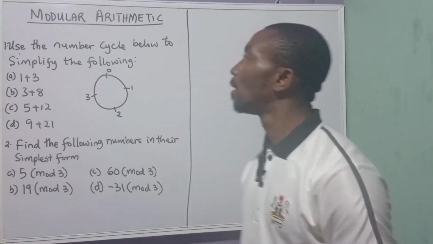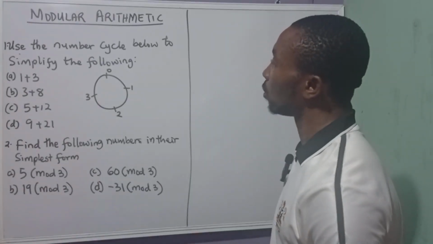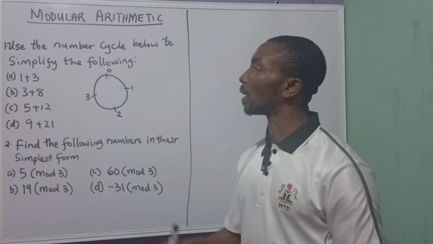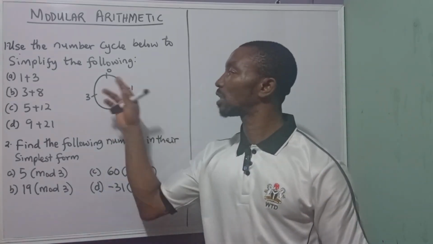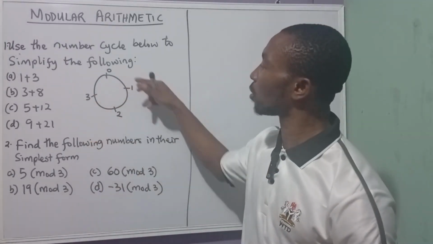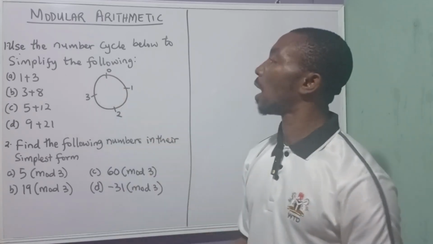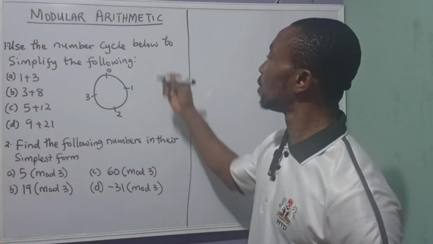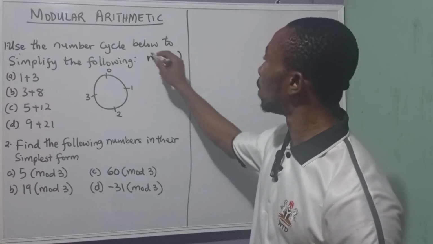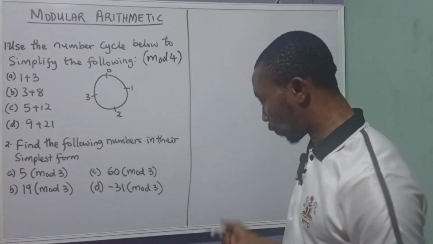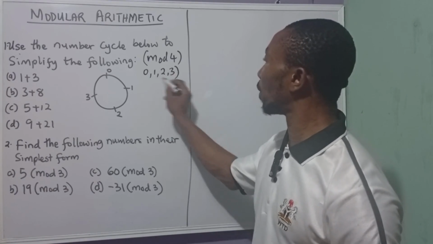Now looking at our example here, it says use the number cycle below to simplify the following. From this number cycle, we can see we have 0, 1, 2, 3, and from here we can deduce that this is mode 4, because our digits for mode 4 are 0, 1, 2, and 3.